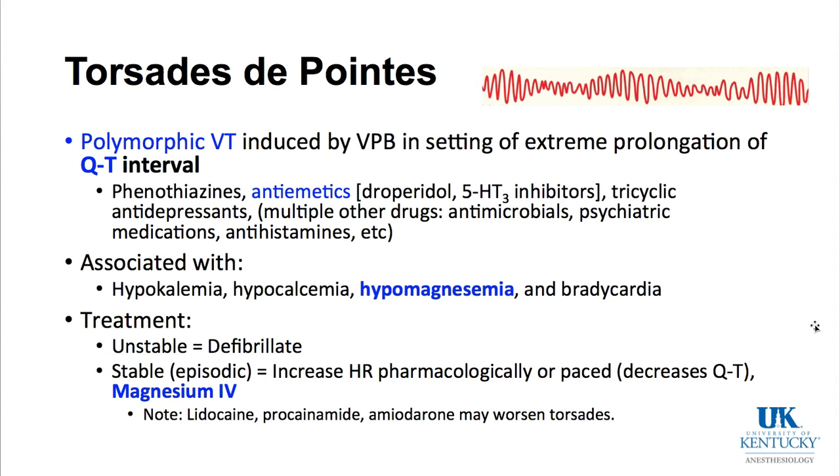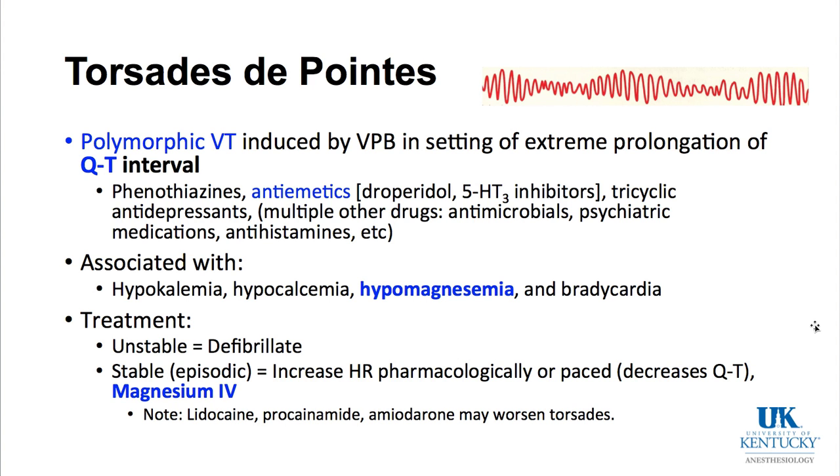Let's look at torsades de pointes. Polymorphic, multiple different patterns to the VTAC waveforms, not monomorphic, and that is shown in the top right graphic. Can occur in the presence of a ventricular premature beat when you have a prolonged QT interval and R on T phenomena occurring. Our antiemetics are classic for this.